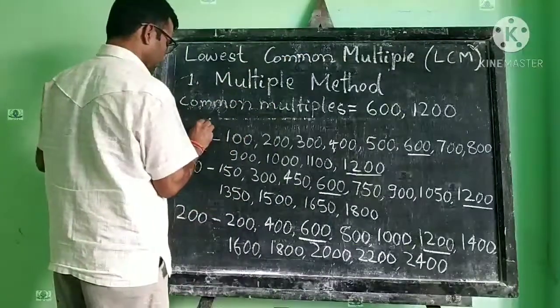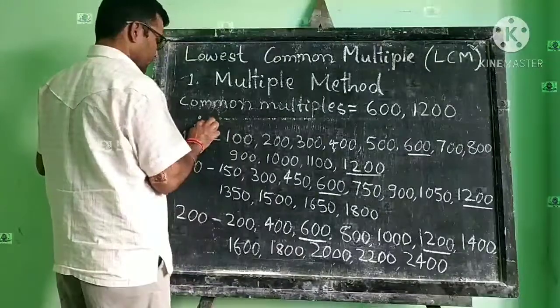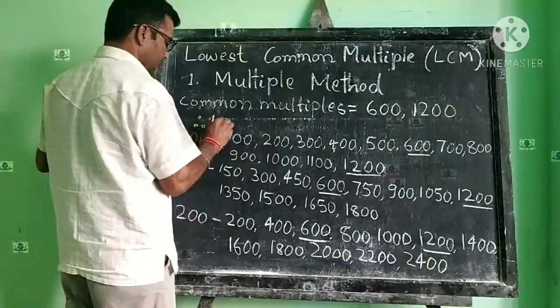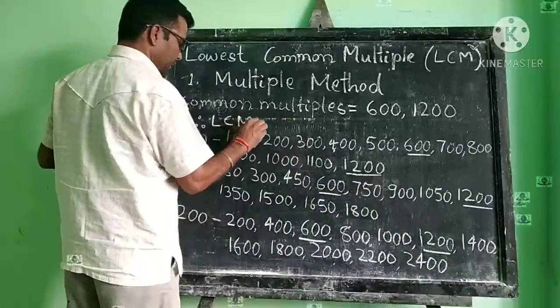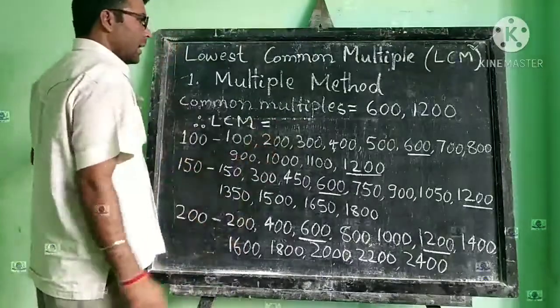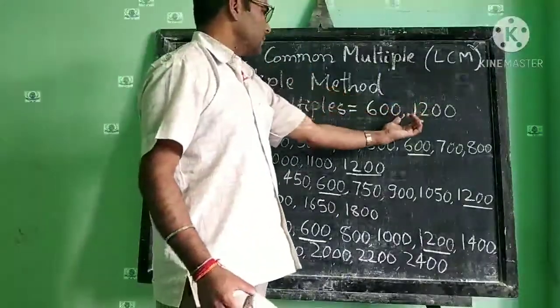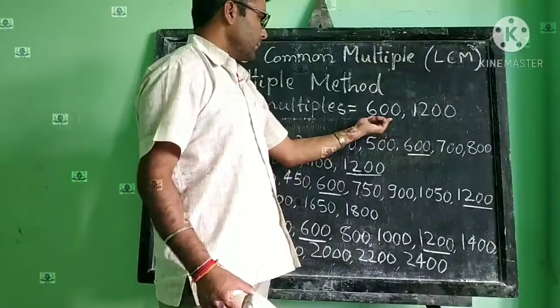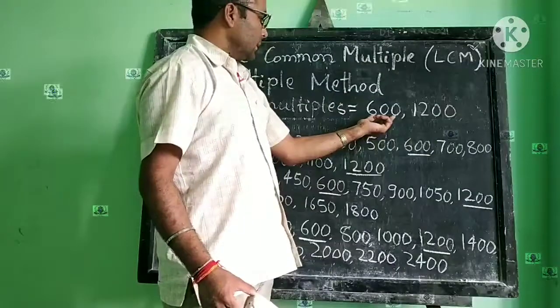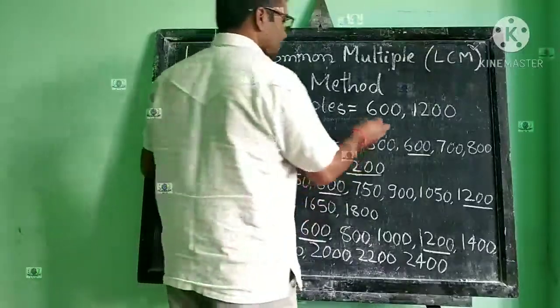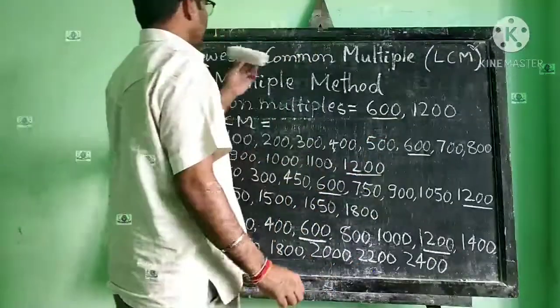Now we have to find the LCM. Therefore LCM is equal to the lowest common multiple. These two are common multiples. Out of these two, the lowest means the smaller one. The smallest common multiple is the lowest common multiple.